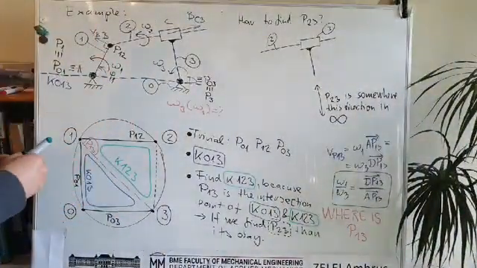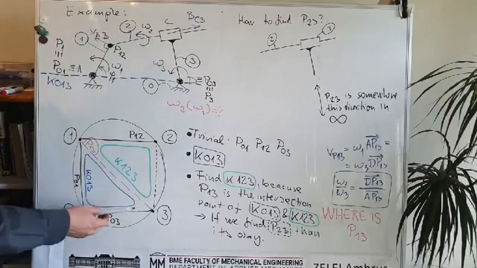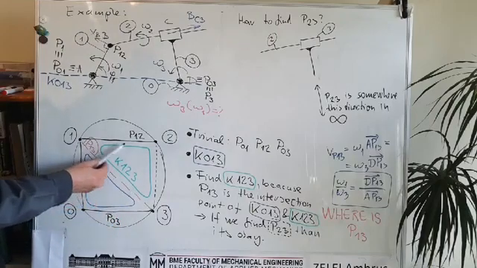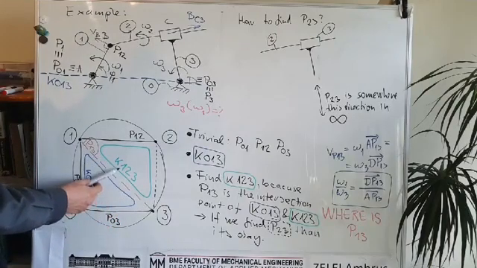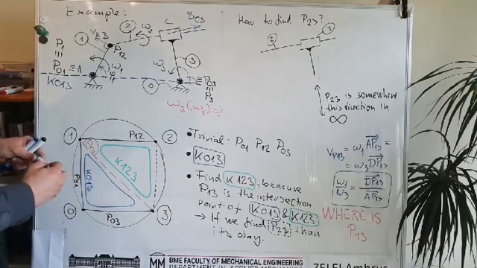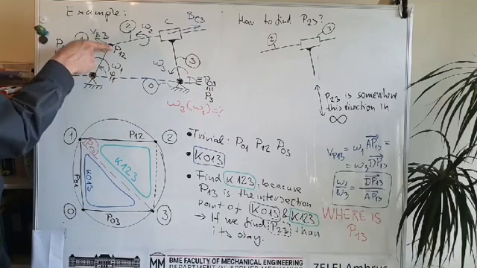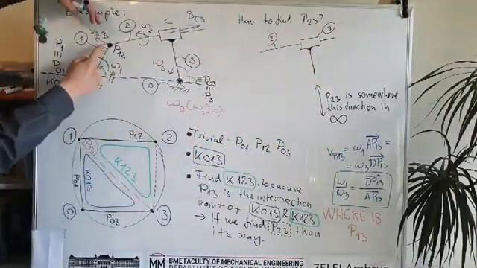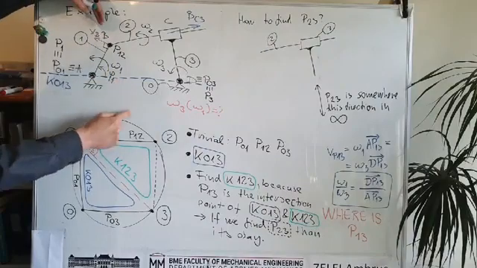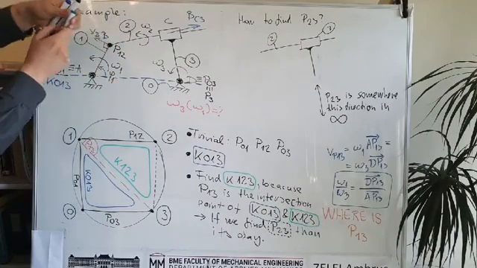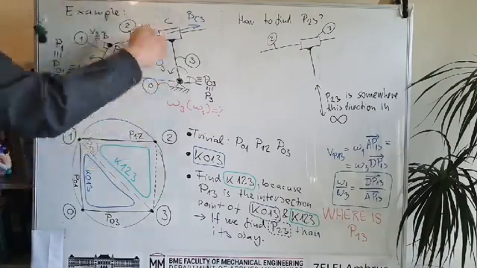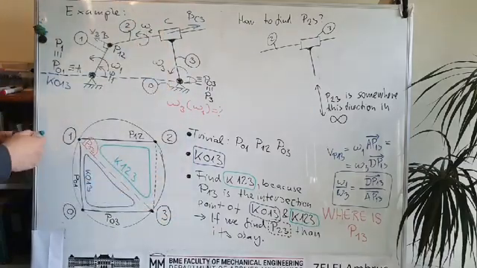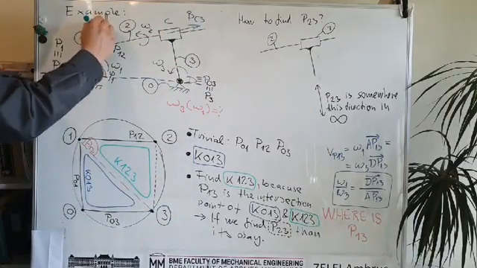But additionally, we also know that Kennedy line 1, 2, 3 should go through P1,2, which is already found. So this infinite line should be placed here, because then it will go through P1,2 as well. And it will also be in this direction, and it will go to the infinity.